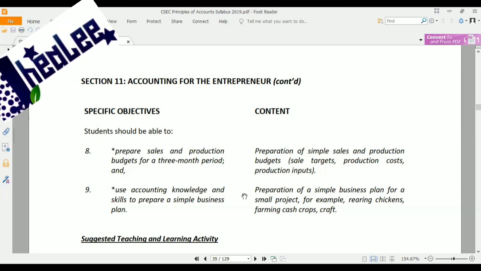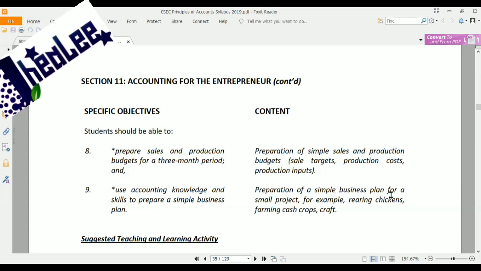Number 9, use accounting knowledge and skills to prepare a simple business plan. For this, there's a question relating to a business plan in the specimen, but it's something simple that they ask you for. So it's nothing too grand, right? It's saying preparation of a simple business plan for a small project.